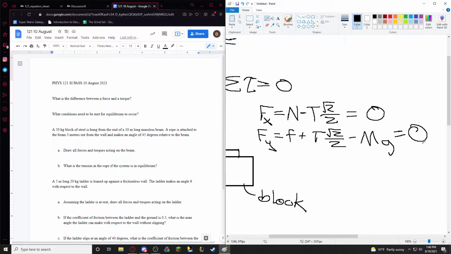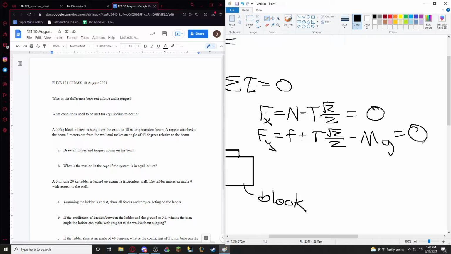Is this enough to solve for our tension? We do need the torque.